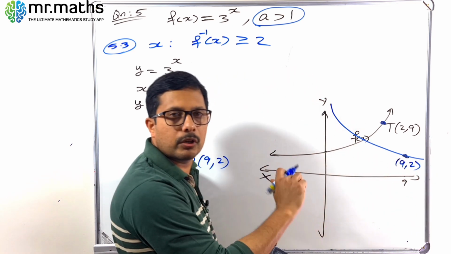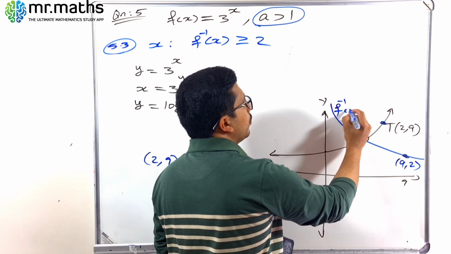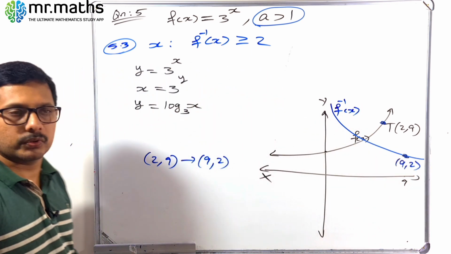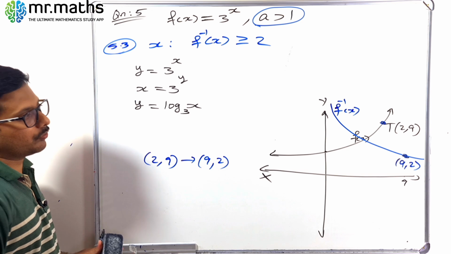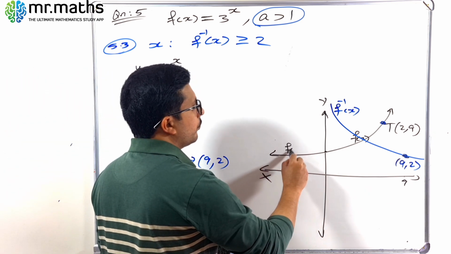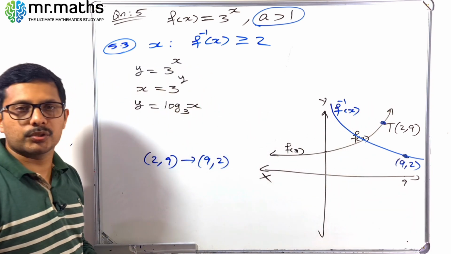When you are drawing f inverse, you have to swap x and y. So this is f inverse of x, with the point 9 comma 2. And this graph is f of x, and this one is f inverse of x.